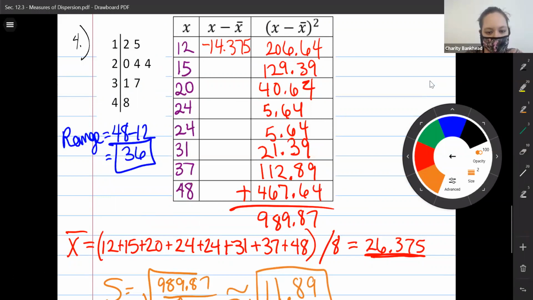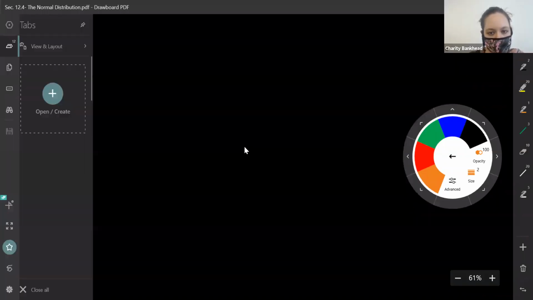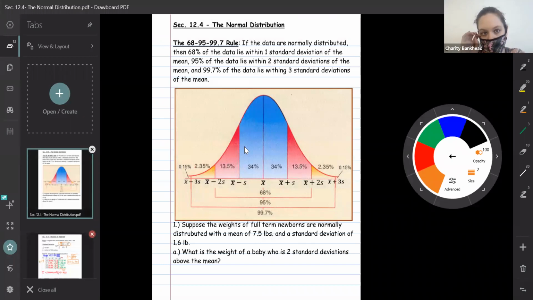And then we will go to 12.4. So 12.4 is an introduction to the normal distribution. The normal distribution is pretty much how most data is distributed.